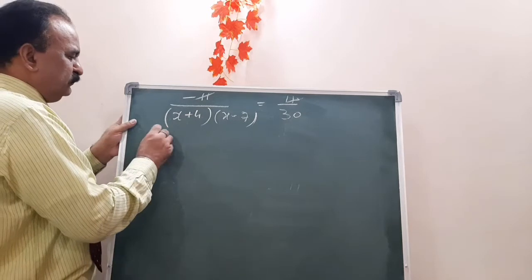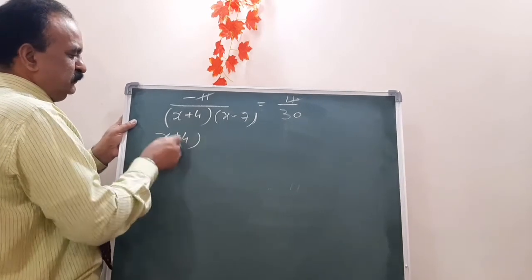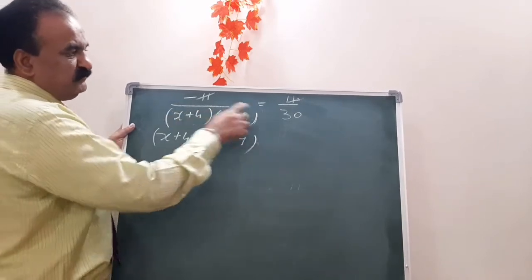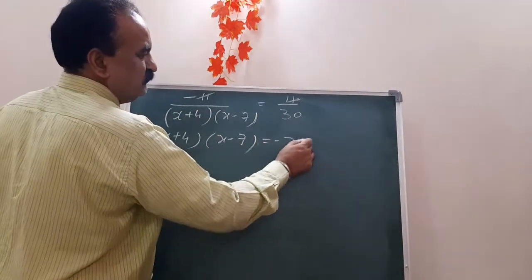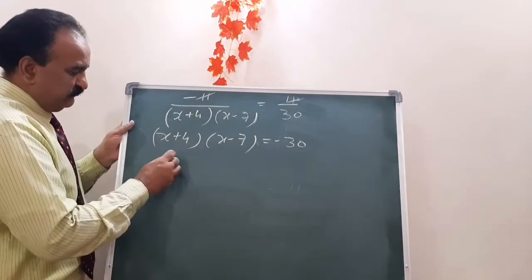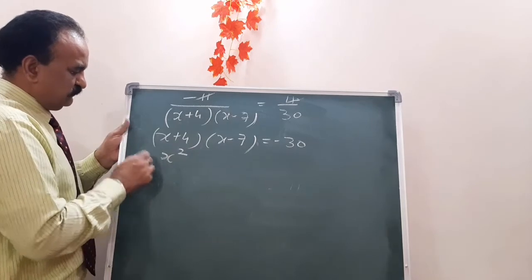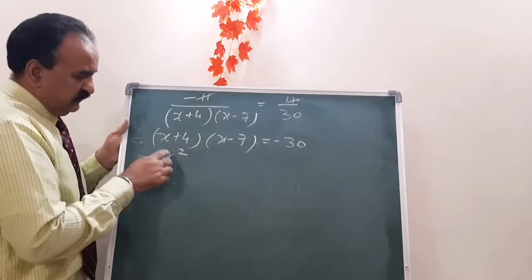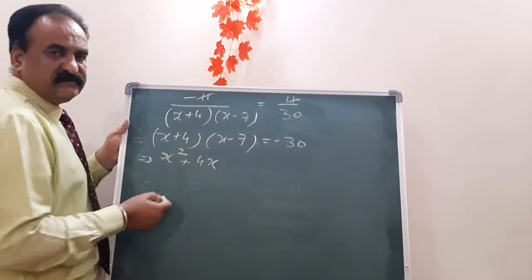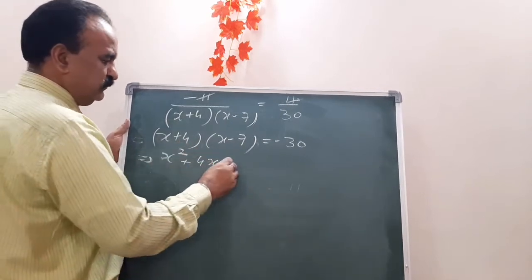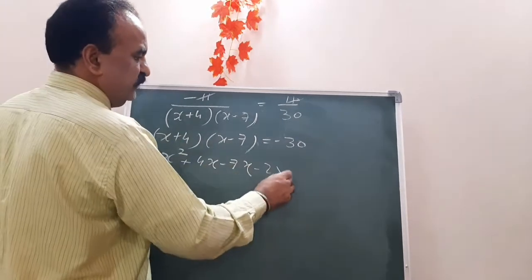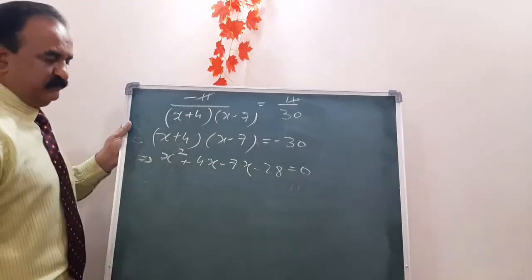So (x plus 4) into (x minus 7) is equal to 1 into 30, which means minus 30. Now I am going to multiply: x into x, x square; x into 4, 4x; minus 7 into x, minus 7x; minus 7 into plus 4, minus 28, minus 30 is equal to 0.